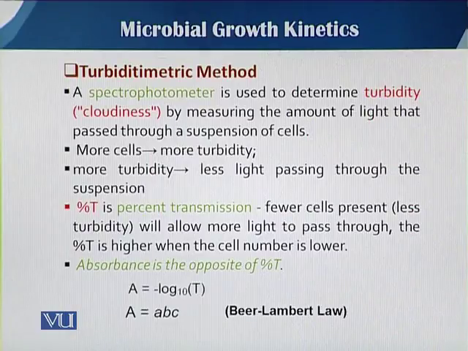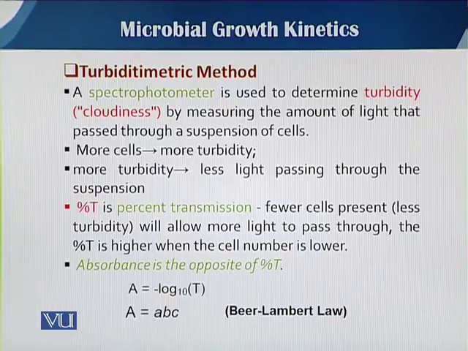As concerned the turbidity method, in this method, when growth happens, the number of cells increases. Due to the increase in the number of cells, the cell culture becomes turbid. When we check on the spectrophotometer, it basically measures the cloudiness, and spectrophotometers act on the Beer-Lambert law.